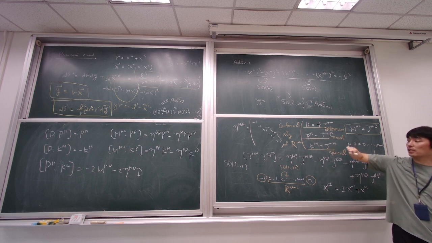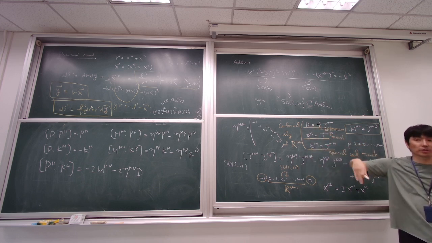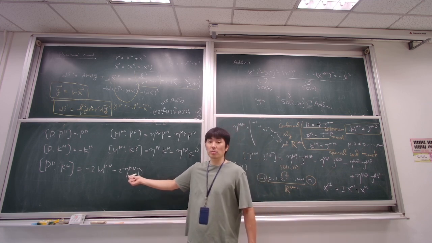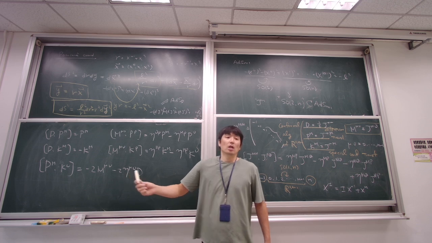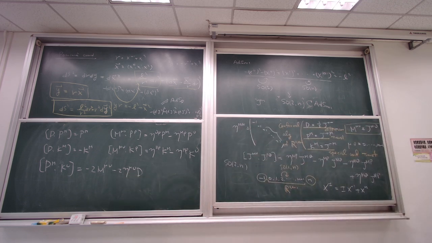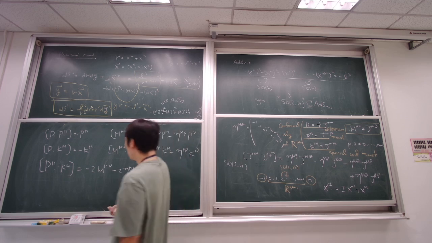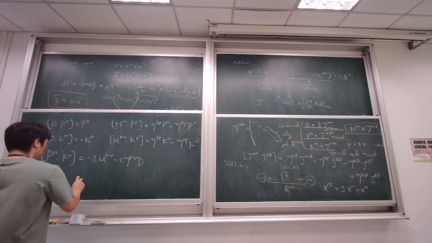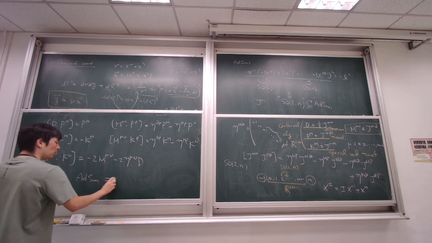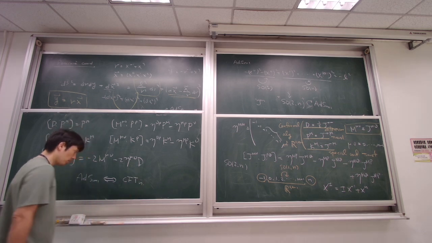But if you add this special conformal transformation, which automatically gives you D because of this commutation relation, that will give the so-called conformal symmetry in R^{1,n}. Therefore, AdS_{n+1} will give you a CFT in n dimensions.